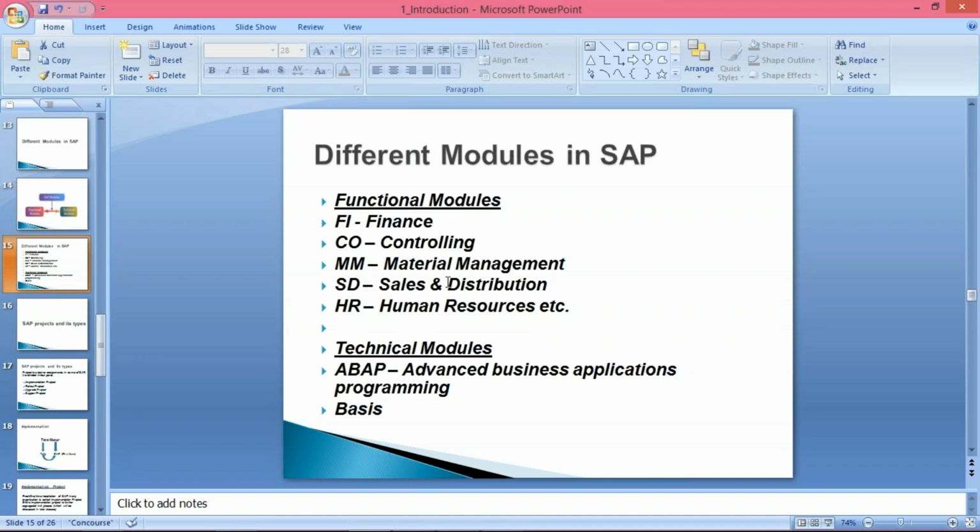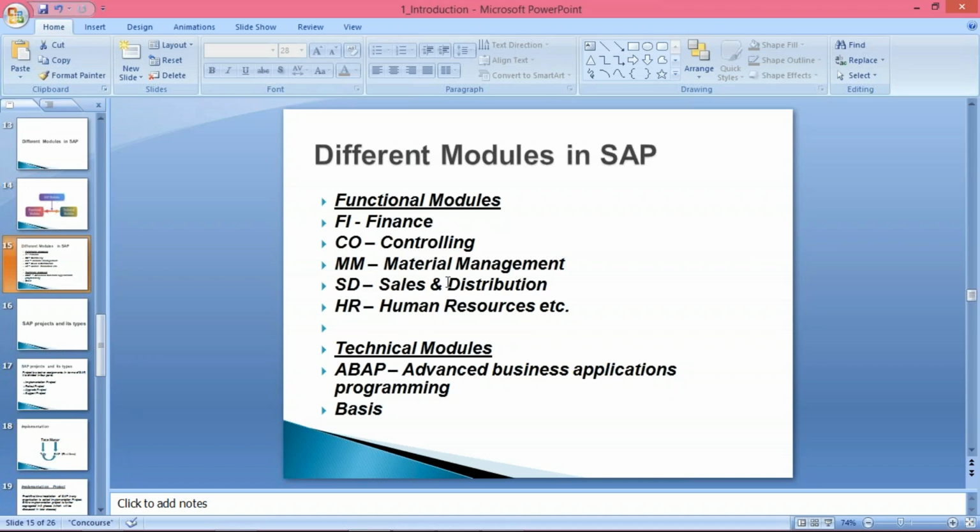Now, if we talk about technical module, then right now we have ABAP and Basis. These are the most popular modules in technical module. And once you become a consultant, you'll come to know that these people also sit on almost the same floor along with the functional consultants.